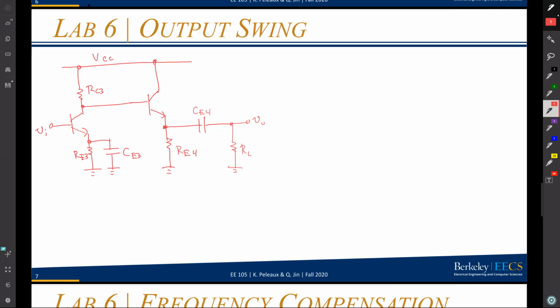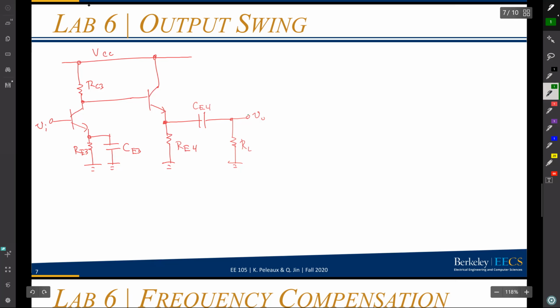Just really quickly, let's think about this output swing. VO is not really going to hit its upper limit, right? Because its upper limit based off of Q4 is really going to be VCC minus VBE4. So really the upper limit of VO is going to depend on VC3 here.